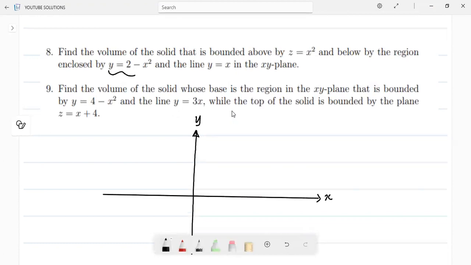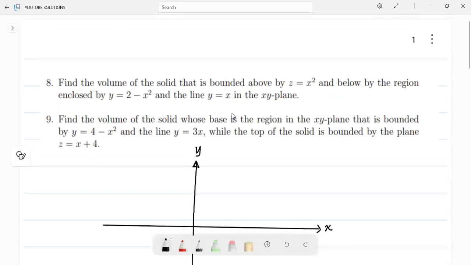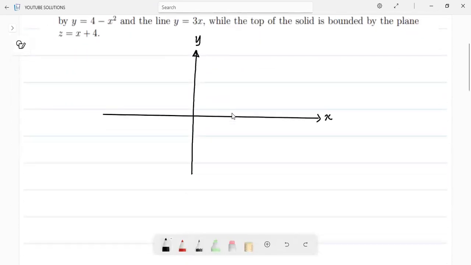This parabola faces downward because the coefficient of x squared is negative, and it crosses the y-axis at 2. The constant term is where the parabola crosses the y-axis. This may not be exact, but it's just a sketch.